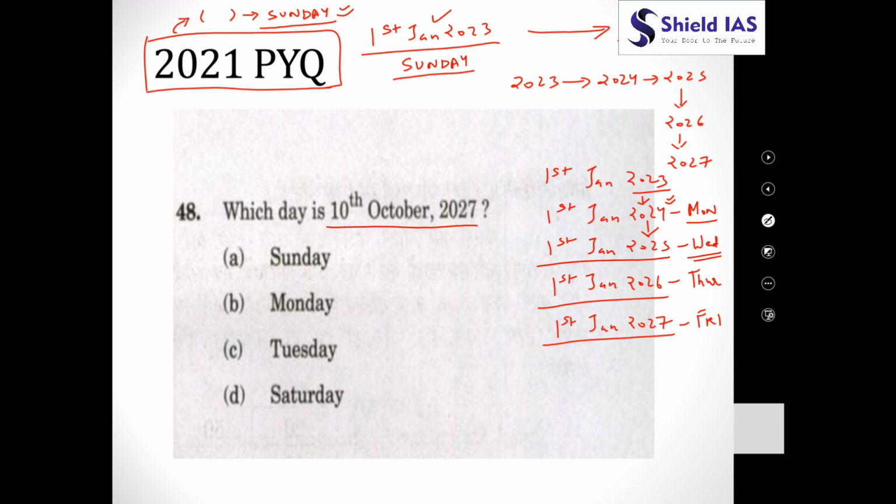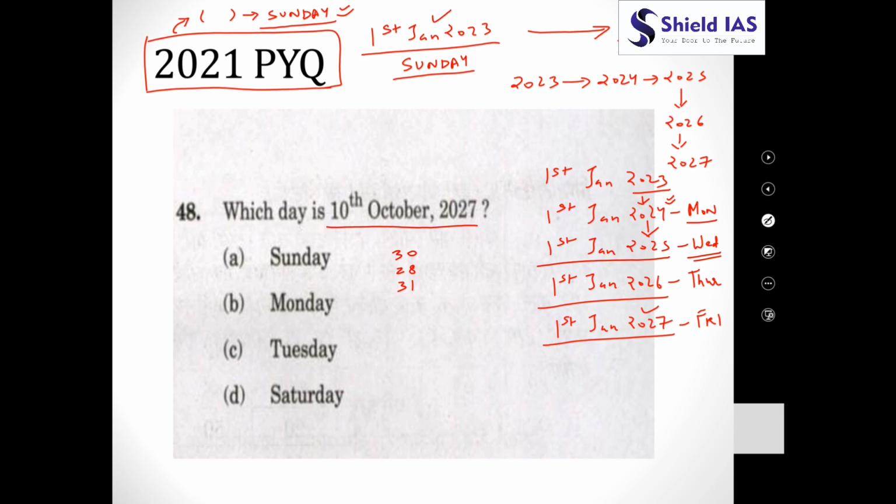If 1st January 2027 is Friday, and now I have to calculate the day on 10th October 2027, this becomes an easy question. We will only calculate the number of days between 1st January 2027 and 10th October 2027. In January there are 31 days, right? In February there will be 28 days, as 2027 is not a leap year, as it is not divisible by 4.